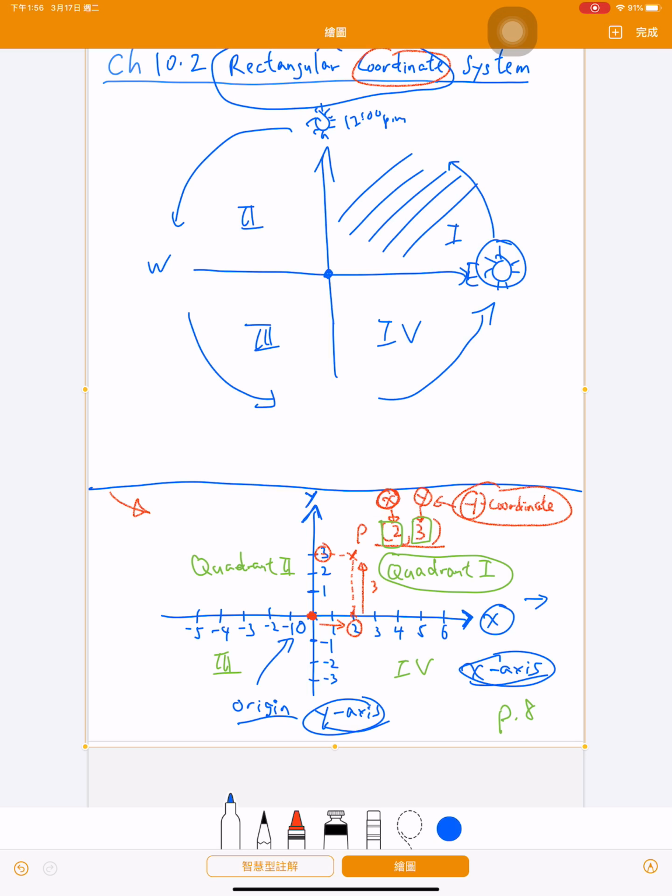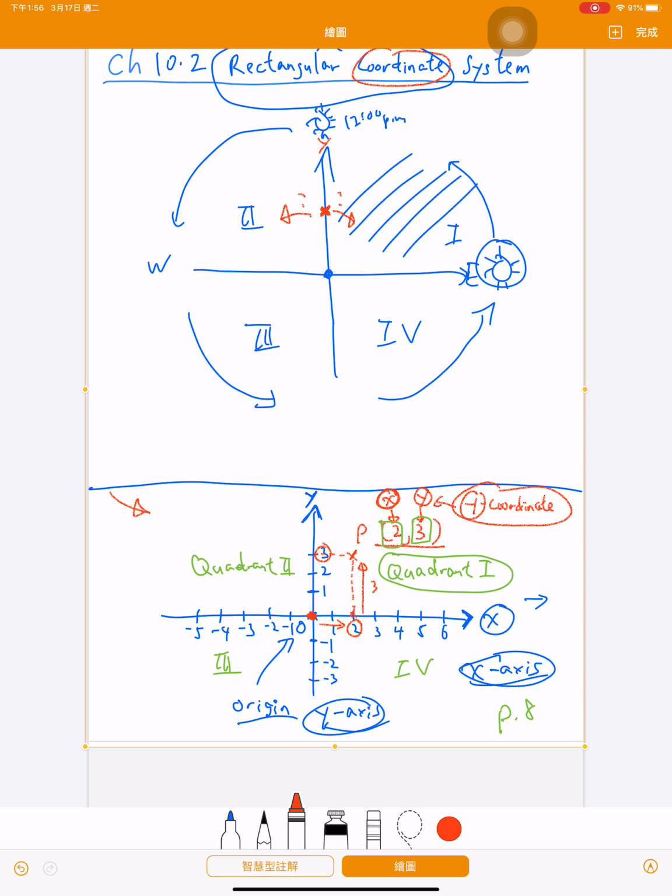And then some of you may ask a question, oh, how about if the point is just on the axis? For example, this one is y-axis, right? If the point is on the y-axis this way, do we call it quadrant 1 or quadrant 2? Right? We don't know.